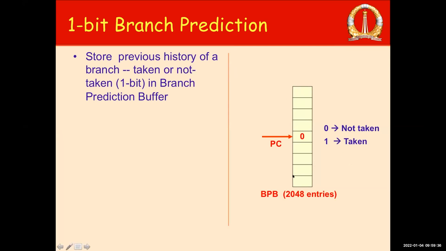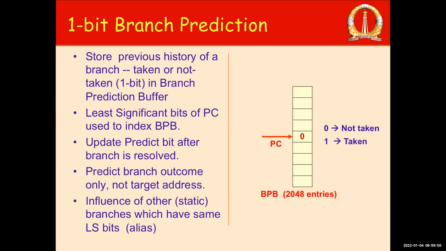It is possible that more than one branch instruction has the same 10 PC bits, in which case they will point to the same location, which is called aliasing. So the influence of one static branch might influence other static branches because those 10 bits of their program counter values are identical. But that's okay, that's only in some rare cases.